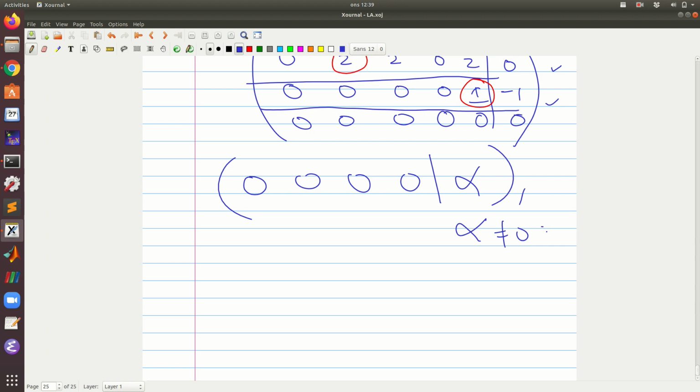So you can go ahead and answer the rest of the questions, such as the rank, the basic columns, and the linear combination, i.e. how you can express the non-basic columns in terms of the basic columns. One other thing we can note is that the rank of A is the same as the rank of the augmented system here, which is 3.